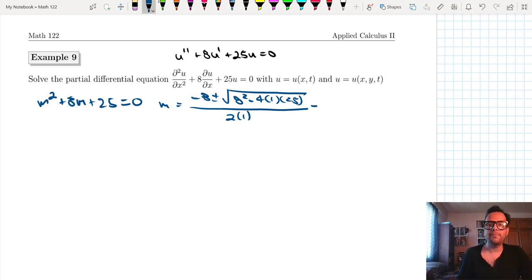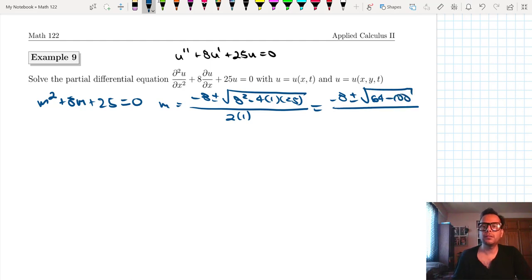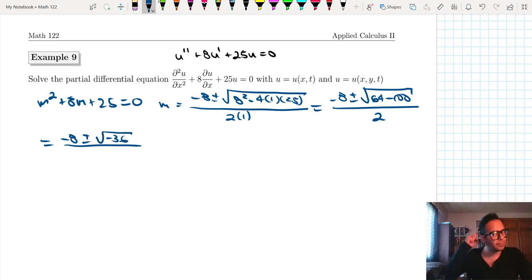So negative 8 plus or minus the square root of 64 minus 100. And then this is equal to negative 8 plus or minus the square root of negative 36. Do you see the negative inside of the radical? That's an indication that we are going to get complex solutions, another complex case.